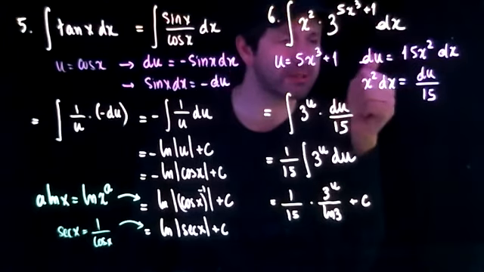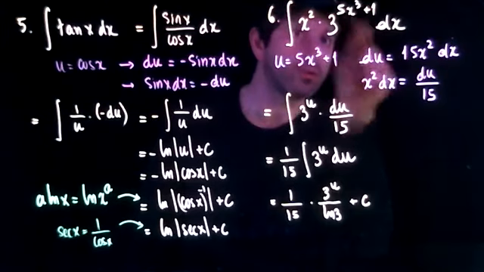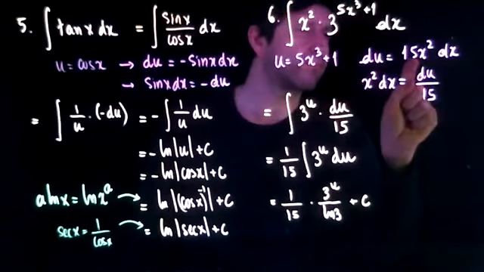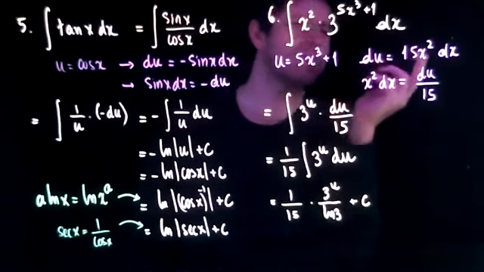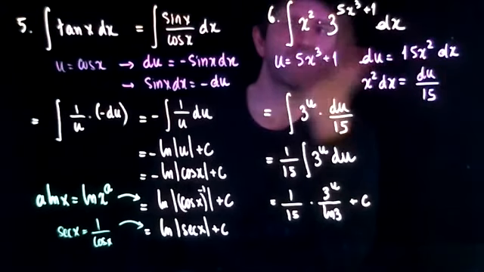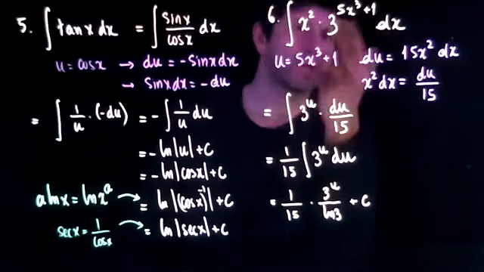That's my first hint. The second hint is that if I do the derivative of this, I get 15x squared, and 15x squared is very close to x squared. So I say, oh, it's pretty clear that if I derive this, I'm going to get something like this. And that's what I'm going to choose as u.